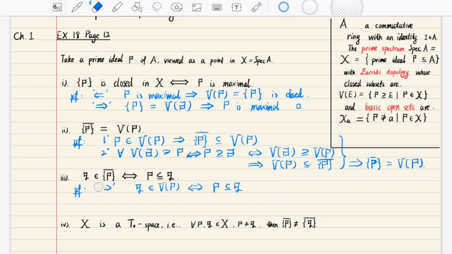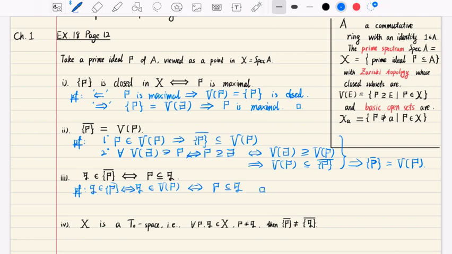And because the first arrow is also an if and only if, we can directly write them down.